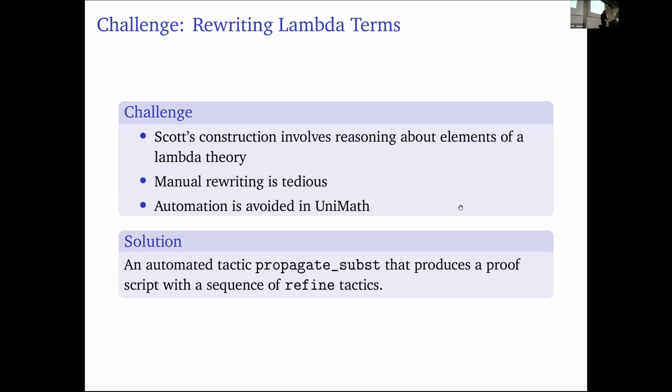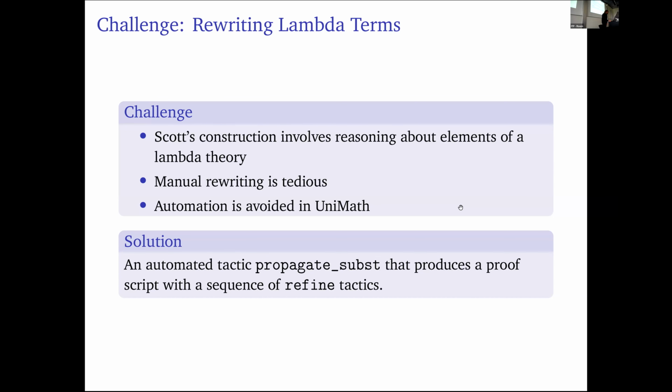The manual rewriting that is required is tedious, but on the other hand, in Unimath, we don't like automation so much. That led to some conflict, and Arnoud was not happy with the state of the situation. So he programmed a tactic that produces a proof script with a sequence of refined tactics, essentially with a sequence of rewrite tactics.